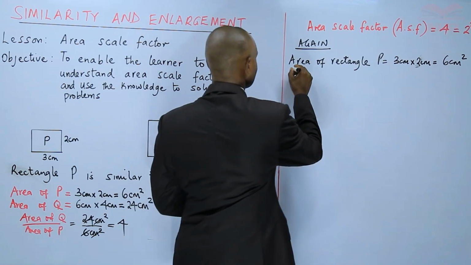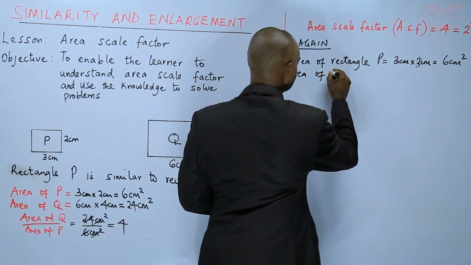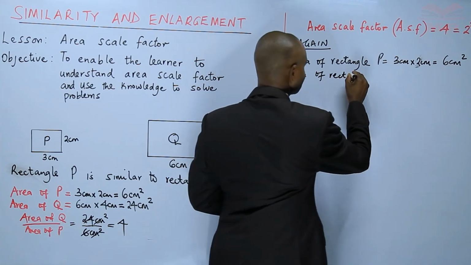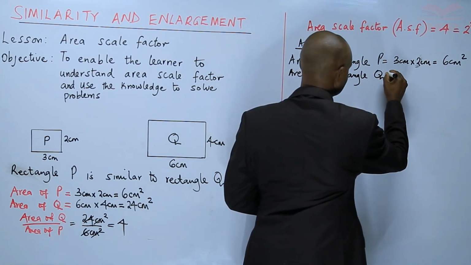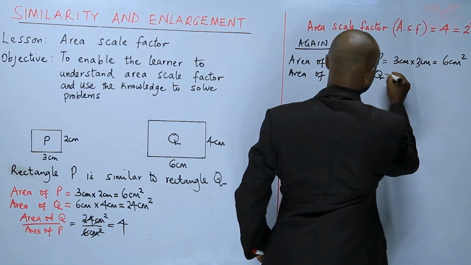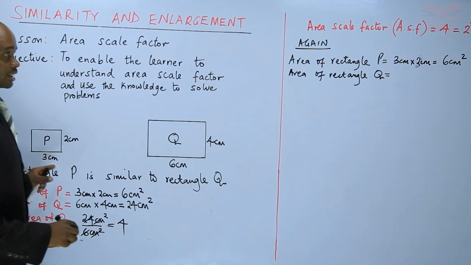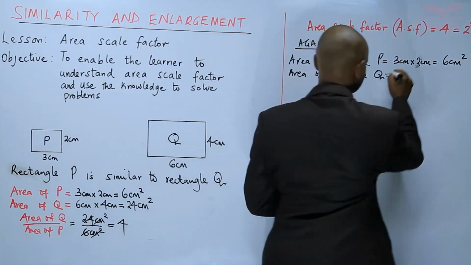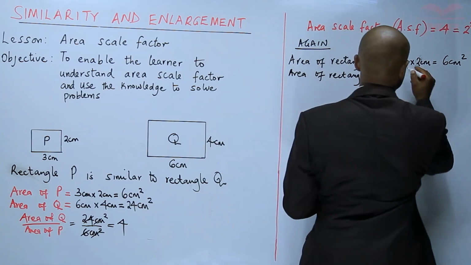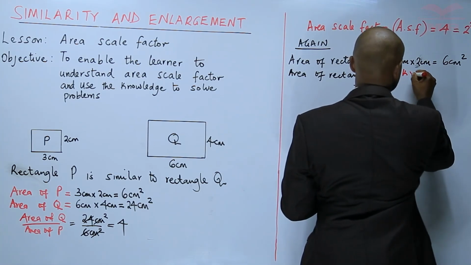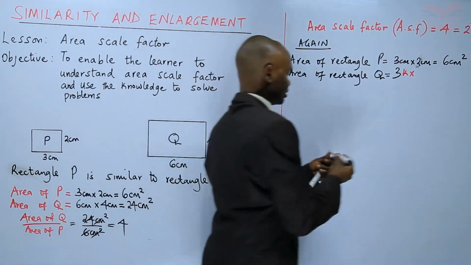Area of Q: we shall assume now we are multiplying by a certain scale factor K. It will be 3K times 2K.